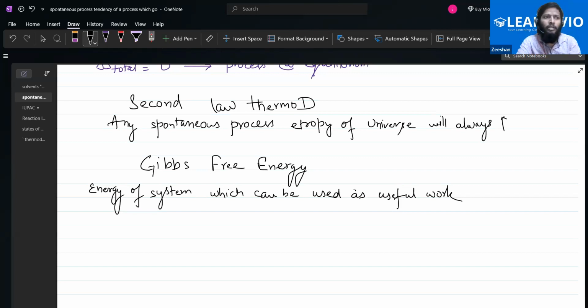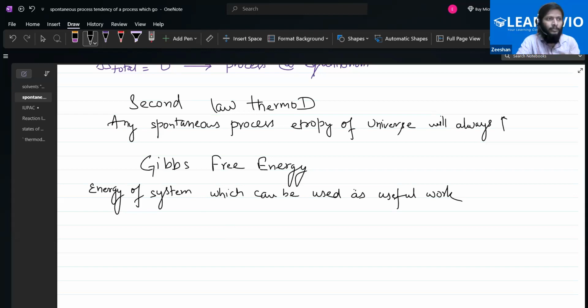That is non-useful energy, which is lost by itself. And useful energy can be used by us and transferred. That energy is known as Gibbs free energy.